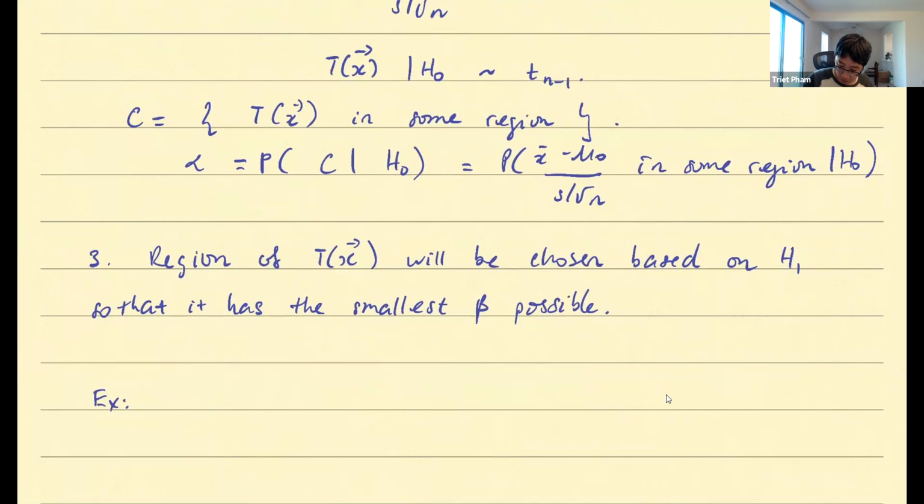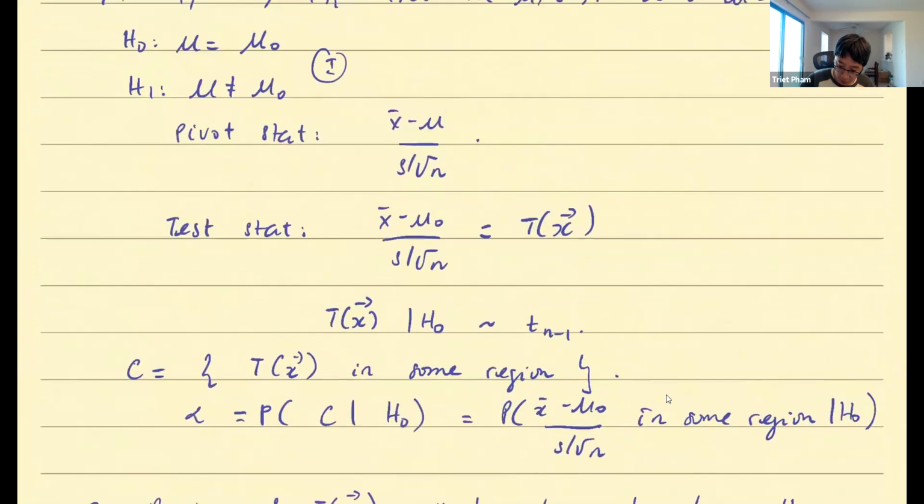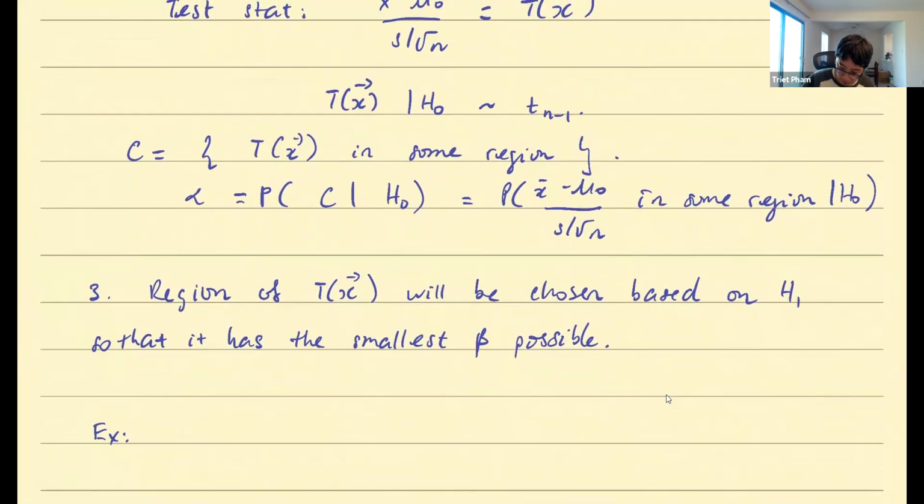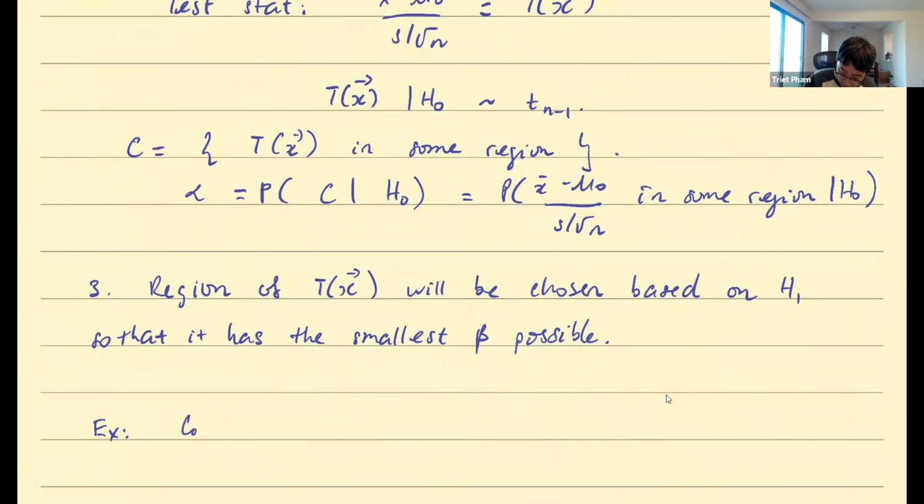So, again, using the same example here. Actually, let me say this. Let's compare the above with the type 2 test, which is H0: mu equals mu naught, H1: mu bigger than mu naught, okay?